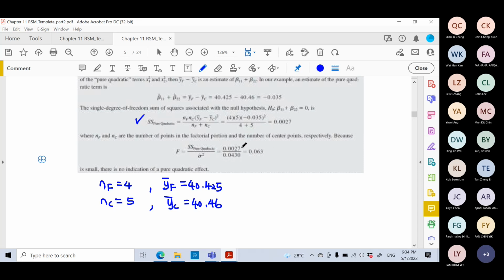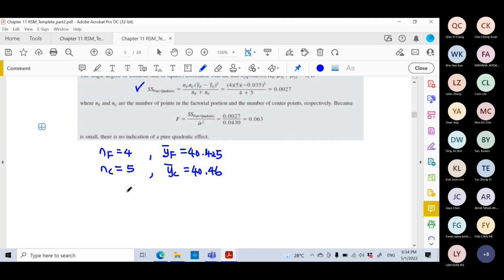Okay. So under this model, the quadratic effect is not necessary because the pure quadratic effect is not significant. Of course, how do we know it is not significant? We need to have an F test. We compare it to the F table. Let's say we consider alpha equal to 0.05.